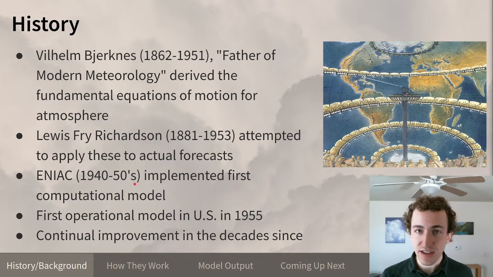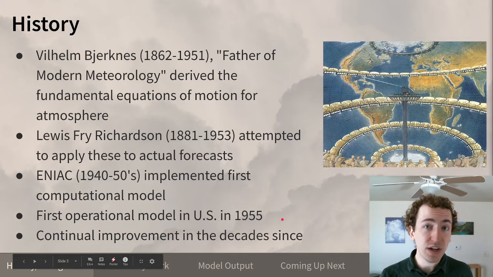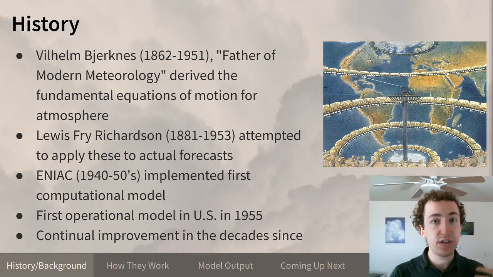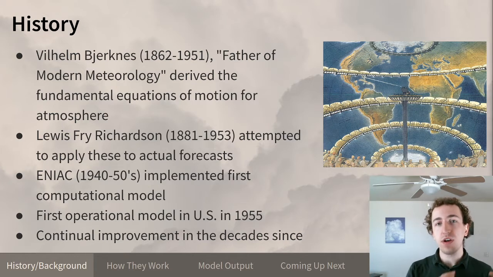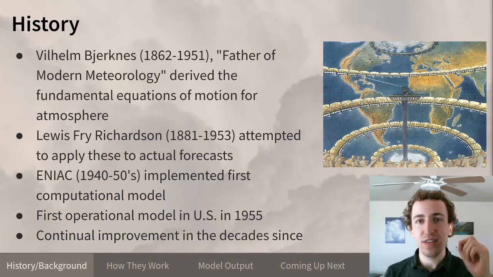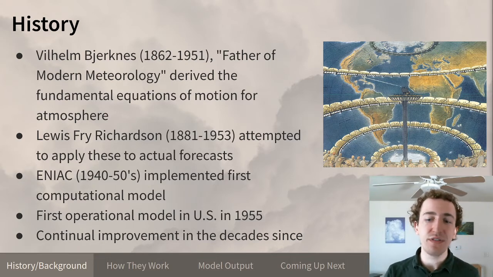Of course, these were very, very simplified models compared to what we're running today, but they were useful enough by the 50s that they came into operational use, that they actually started using these in the process of generating forecasts, rather than old techniques of understanding broader scale patterns and just extrapolating based on their understanding of these systems forward in time. We're instead actually predicting the physical nature of the atmosphere in future times based on computations.